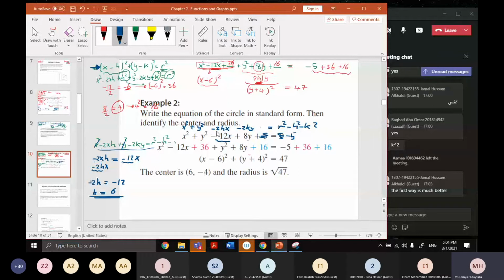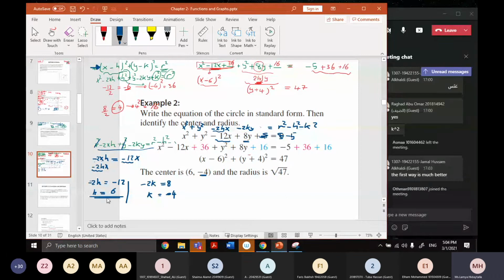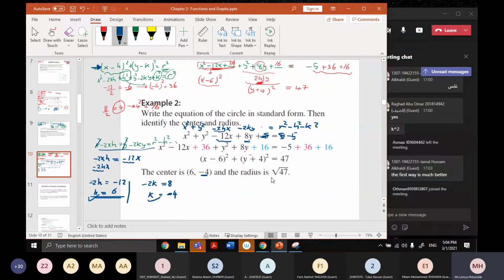So minus 12 is minus 2h, so h is 6. We finished the first. Now the k: minus 2k is equal to 8. So k is equal to minus 4, correct, minus 4. Same like that. Now I have the h and the k. What do I do? I have to substitute here.